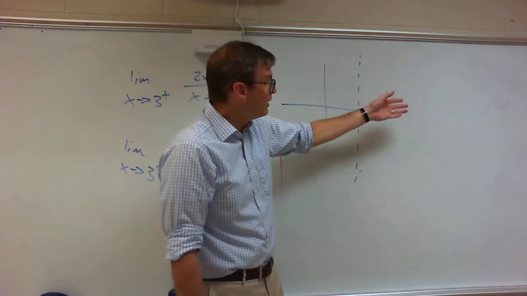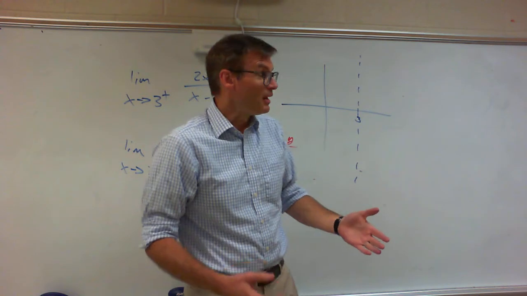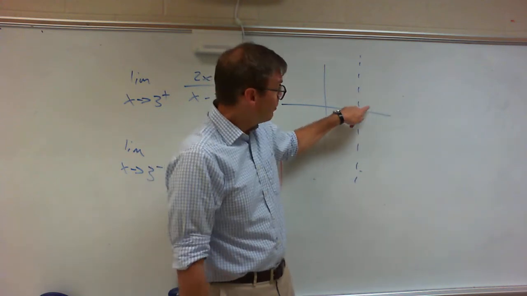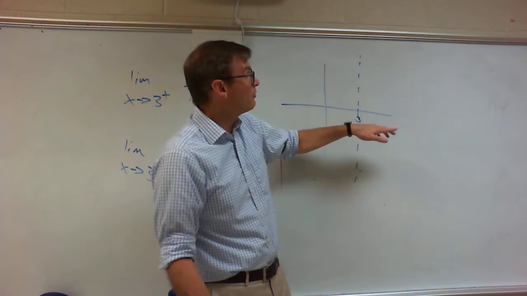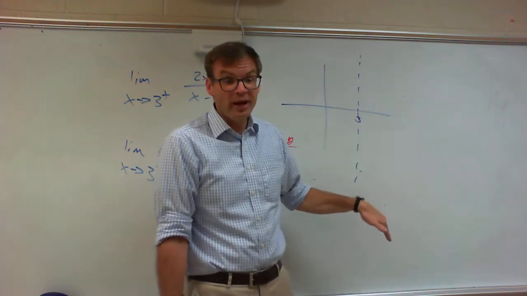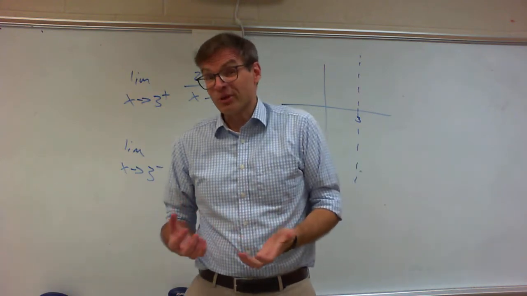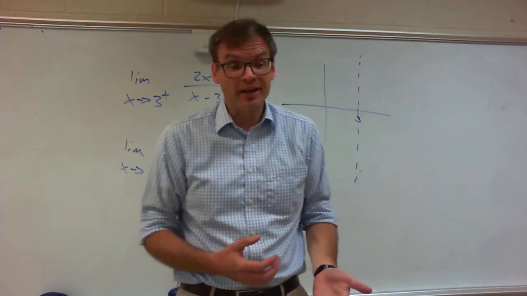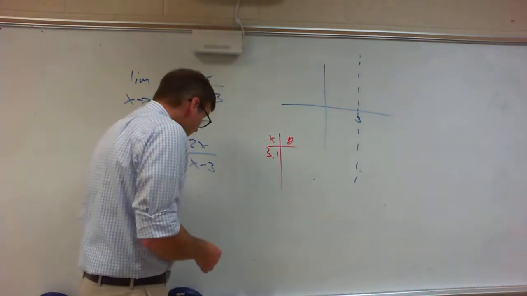And so if I plug in 3.1 and I get a positive number, that's telling me I'm going all the way up. Similarly, if I get a negative number, that means I'm going all the way down. So I don't really need to know exactly what the number is. All I really need to know is whether this thing is going to be positive or negative. And that's usually very easy to identify.